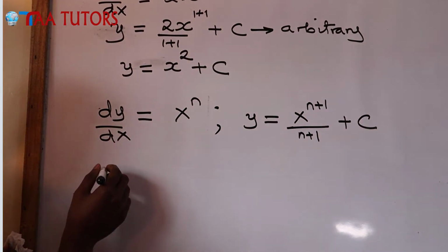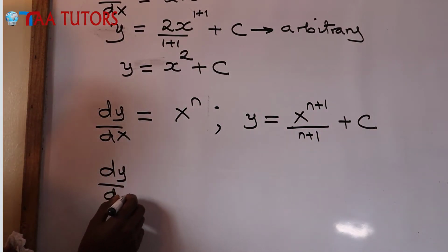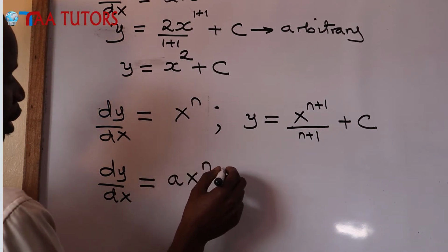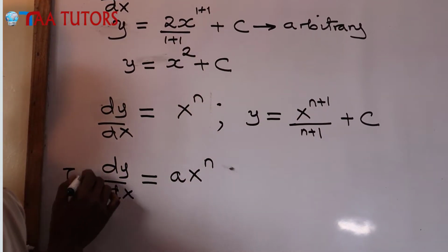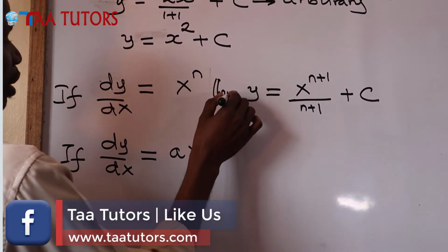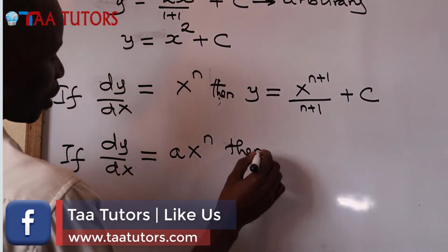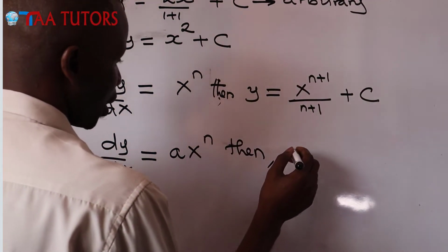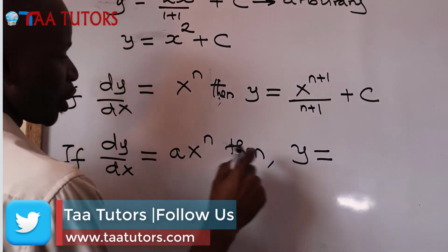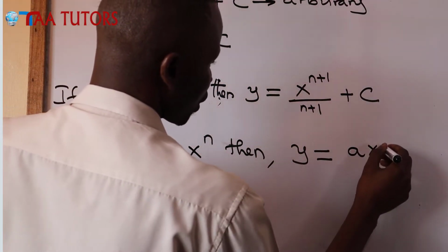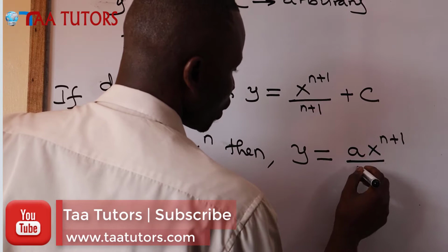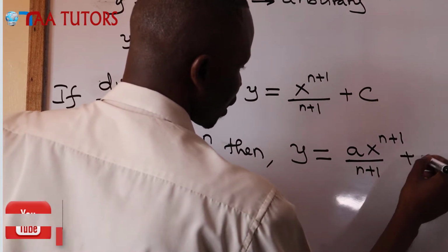So we are going to say if dy/dx equals a x power n, then y equals, let's integrate this one, we add 1 to this power, so it will be a x power n plus 1. Then we divide what we have here by the new power, which is n plus 1, plus c.